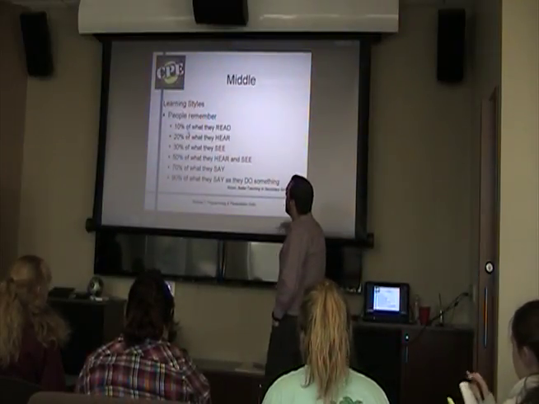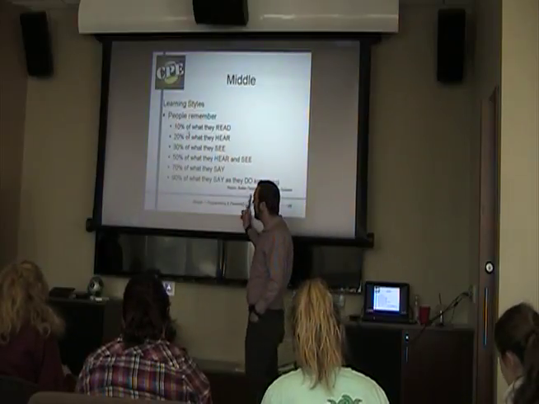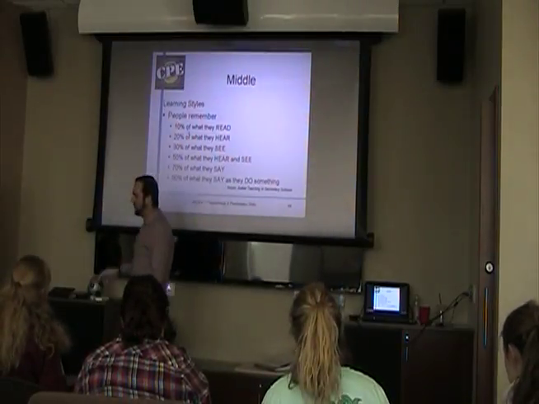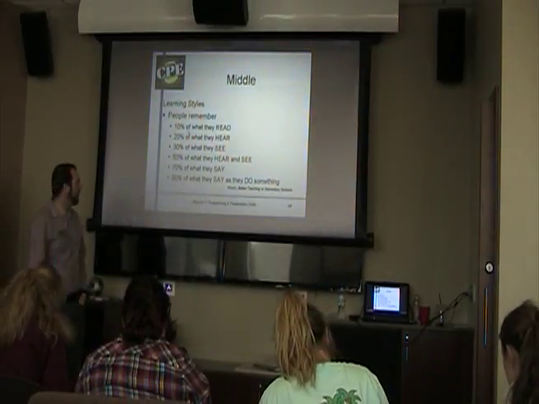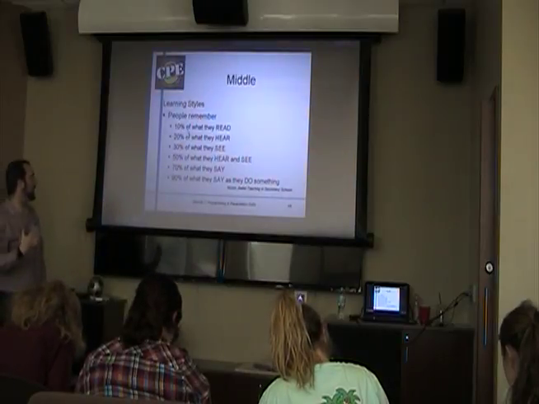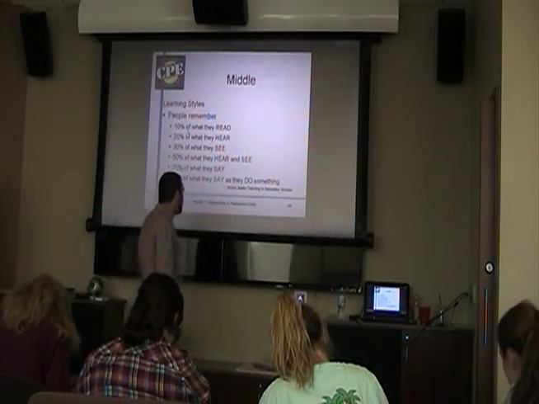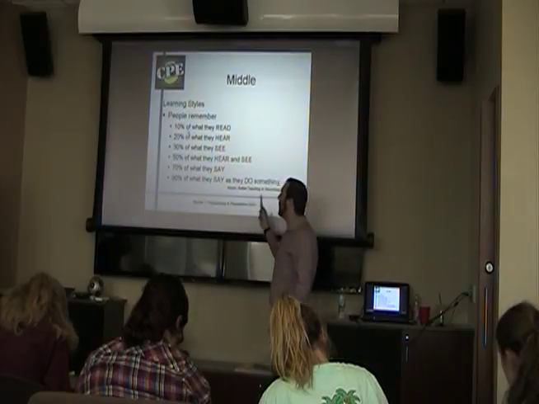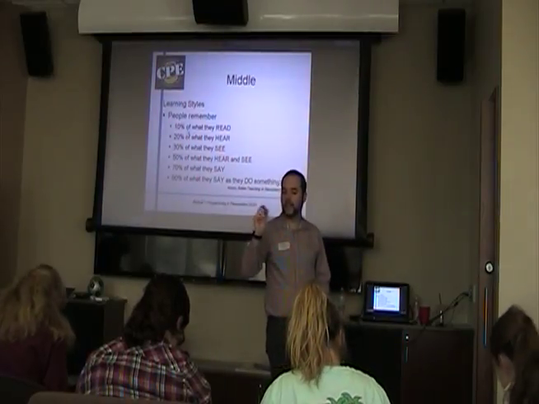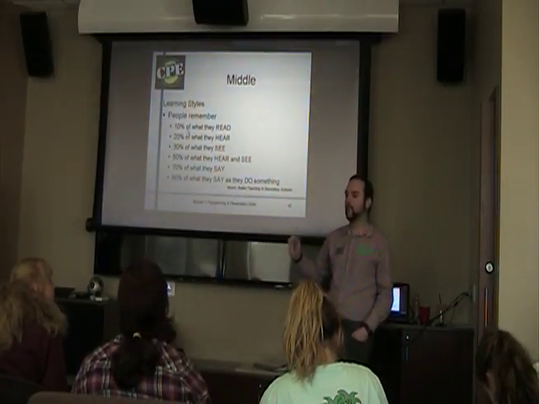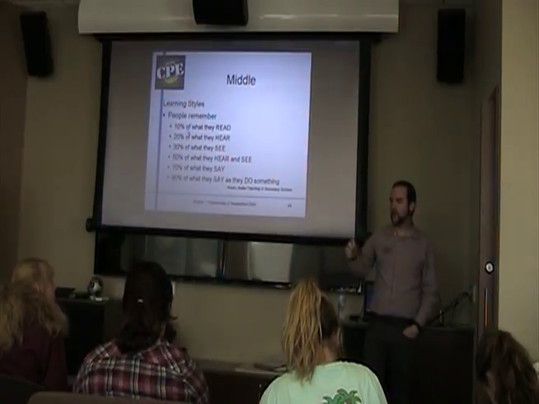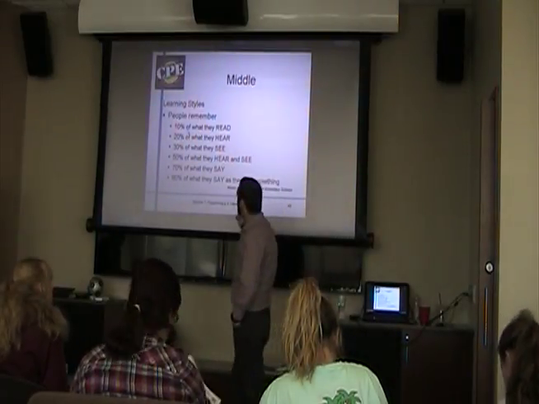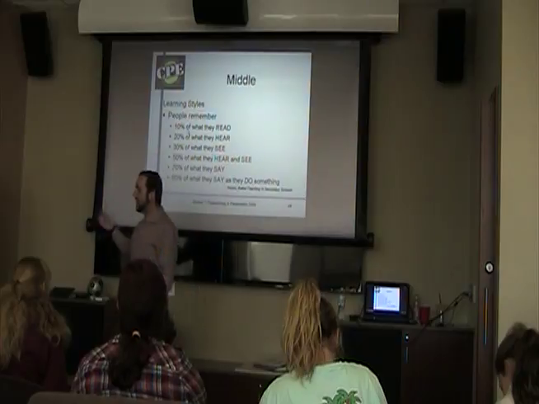In the middle, this is some information about learning styles. What do you want to highlight or star? Is this the 90% one? Because people know and remember 10% of what they read, 20% of what they hear, 90% of what they say as they do something. And that might seem like a trick question on the test, so don't just jump to conclusions when you see that. 90% of what they say as they do.